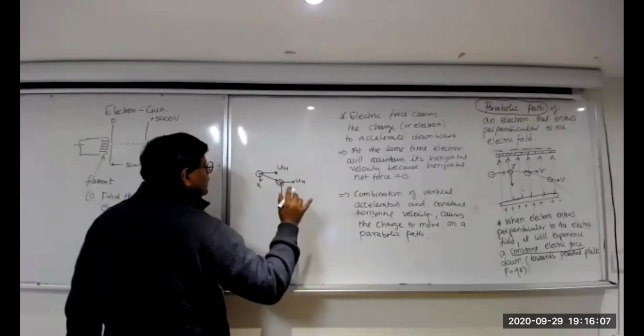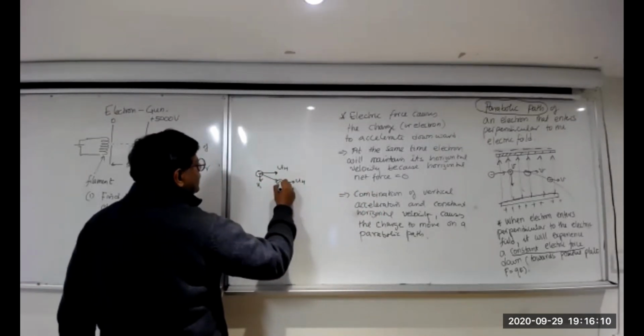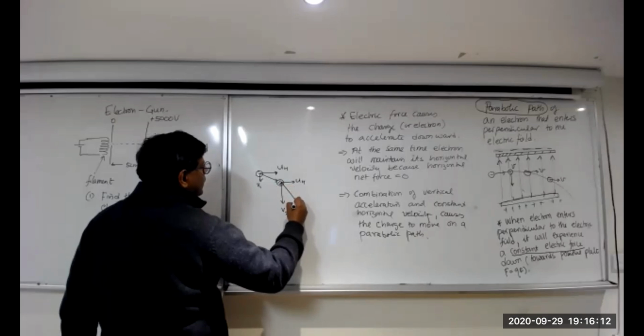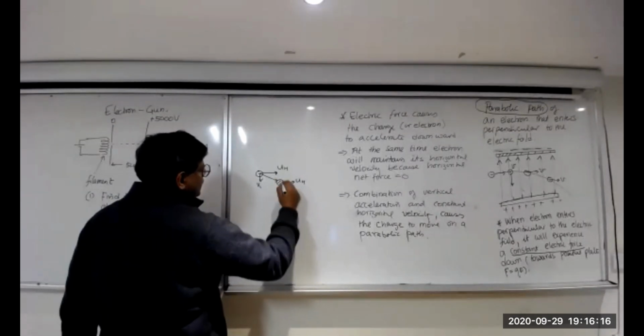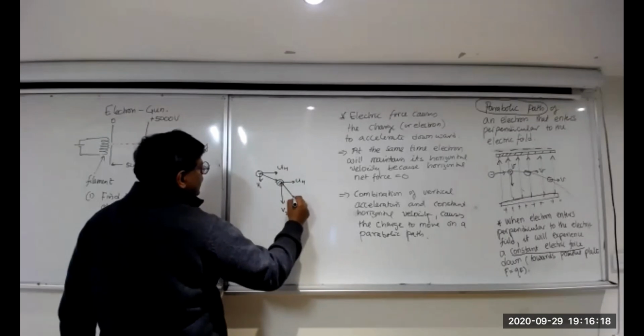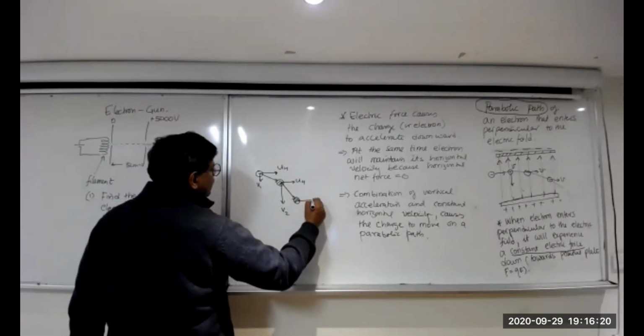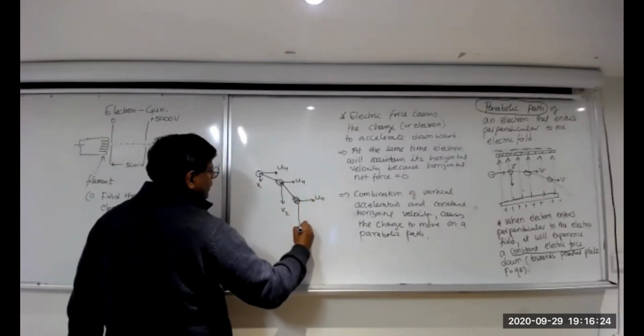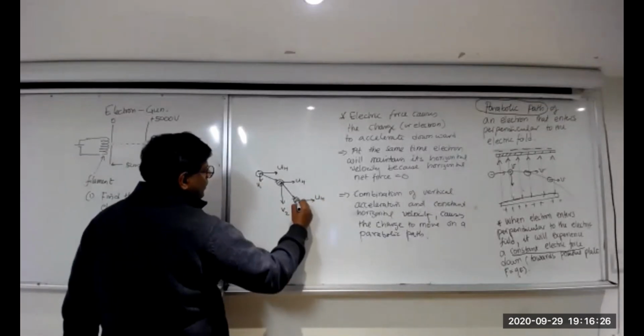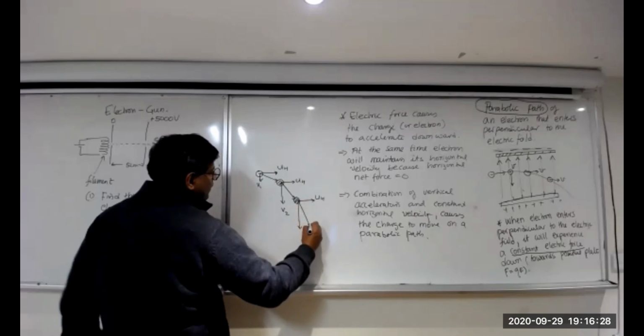It's pretty much like your projectile. It goes like that because it has a bigger component now. That's your resultant velocity direction. Then again, horizontal velocity remains constant, the vertical is getting bigger. So now it goes like that.